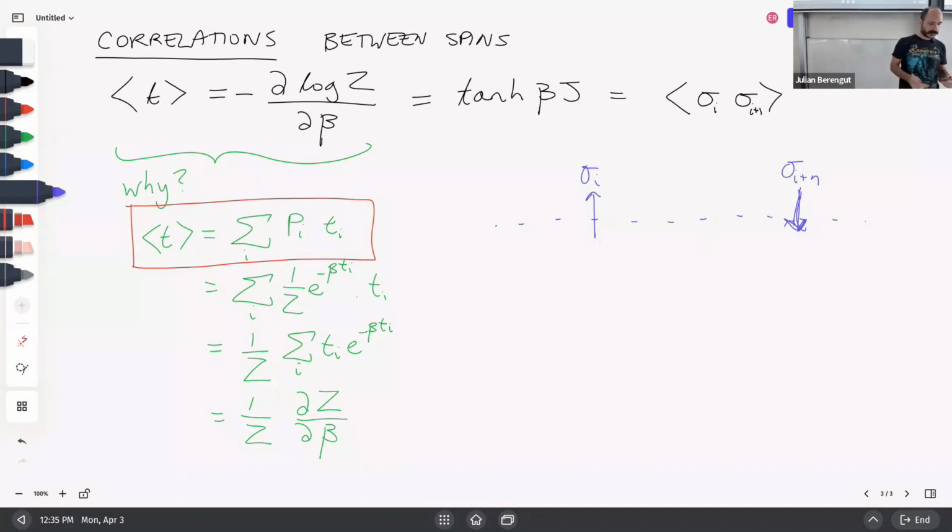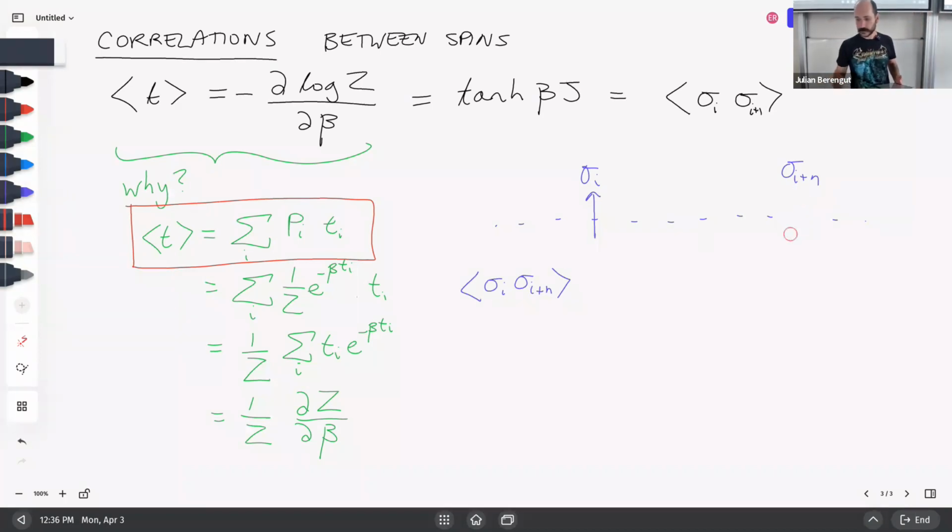And the question is then, what is the correlation between these two? I bring this one up because this will be important later on, I think, if I remember correctly.